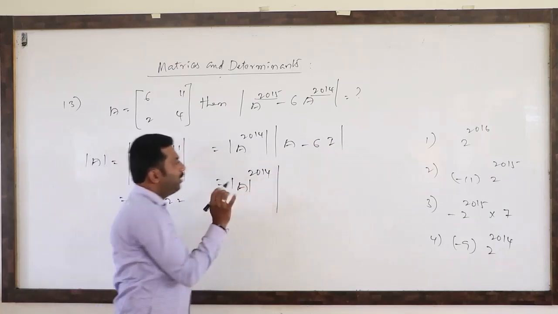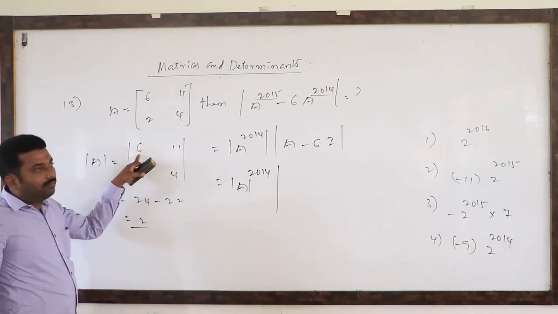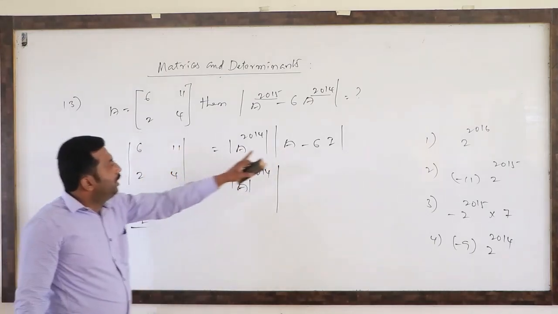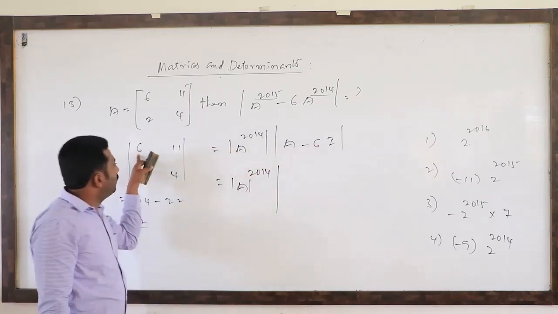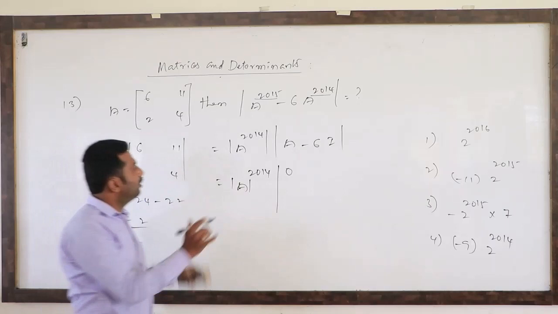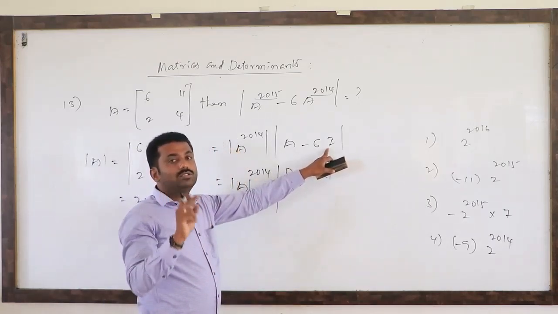How to write A minus 6I: all the principal diagonal elements are subtracted by 6. So A minus 6I means 6 minus 6, nothing but 0. No changes in the second element, this is 11, because the identity matrix is 1 0 0 1.